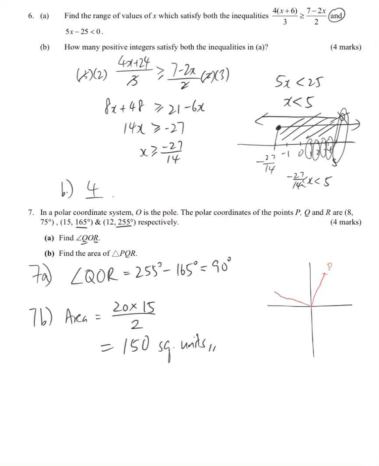Okay, and then that's 15, it's a little bit longer, and then 12, it's straight down here. So that's 12, that's 8, and that's 15. And you can see in a triangle we need a base and a height. So the blue line will be my base and the green line will be my height. So that's why we use the sum of 12 and 8 together, 20, and then times it by the height, 15. Base times height divided by 2 is the area of a triangle. So therefore this answer is 150.